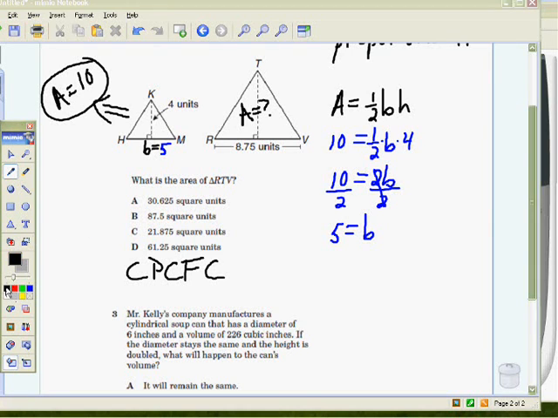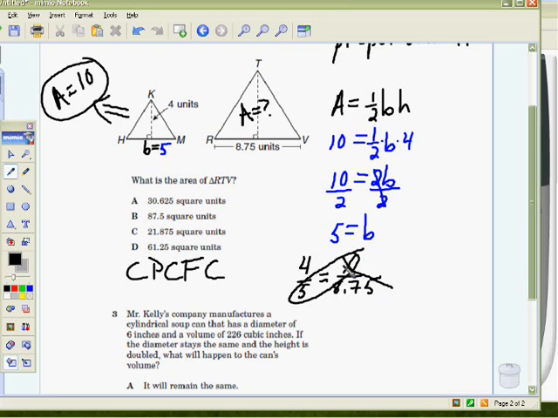Since I now know what the base is, I can make a proportion. I can say height over base, 4 over 5 of the small triangle, is equal to the height over base of the big triangle. And I can cross multiply and divide.